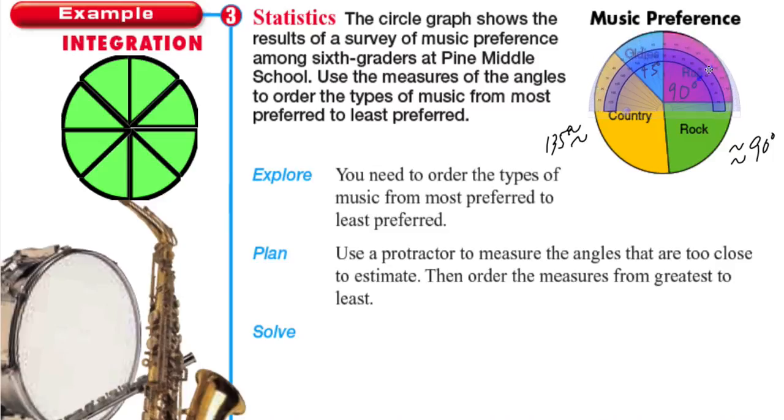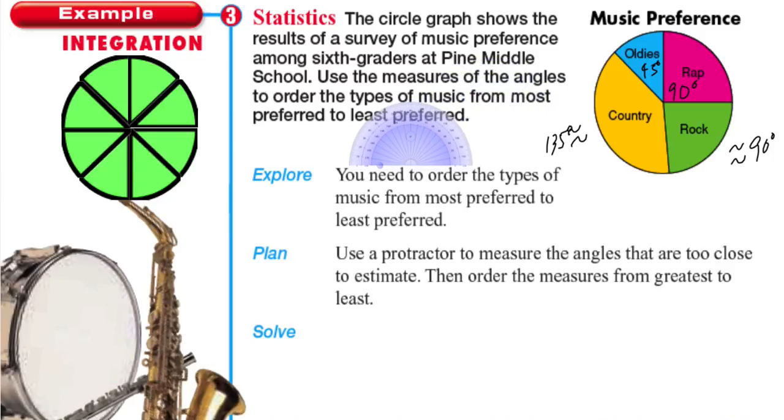Let's make it smaller. There. Let's measure this one right here. So rap, if we measure it, and the 0 is in the inside scale, rap is 90 degrees right there. So that's exactly 90 degrees. We don't have to worry about that using our protractor.